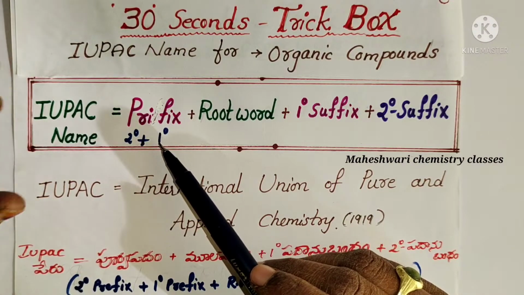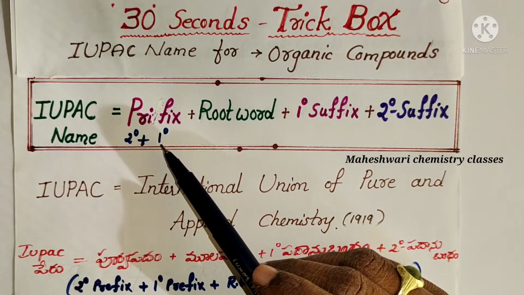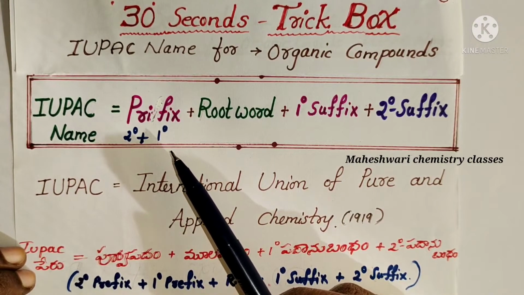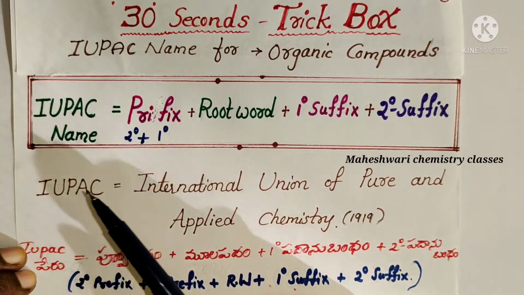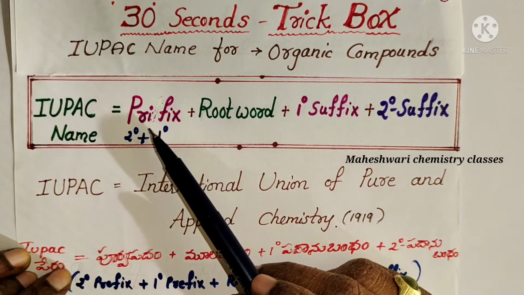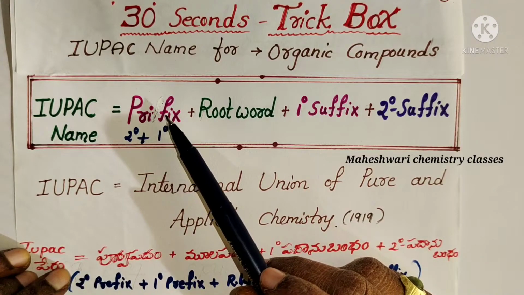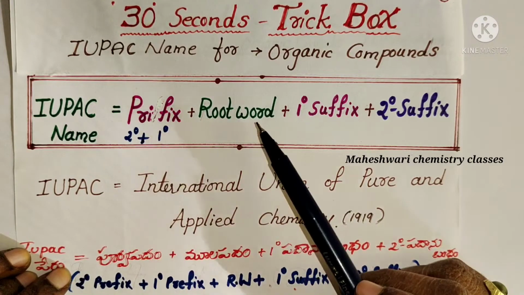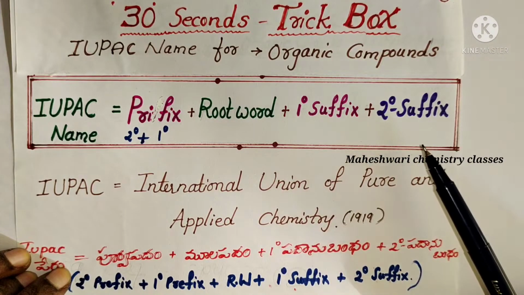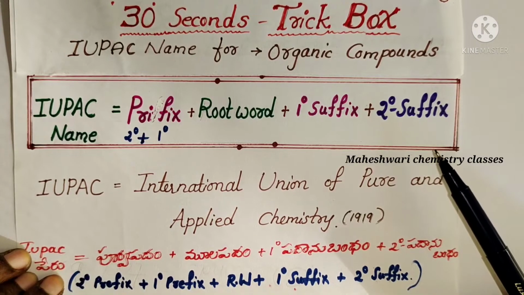In some of the cases when cyclic compounds are there, only then we have to consider primary. So no need to worry about this one. Simply remember it like this: IUPAC name equals secondary prefix plus primary prefix plus root word plus primary suffix plus secondary suffix. So this is the trick box.